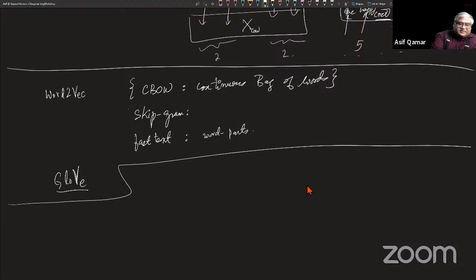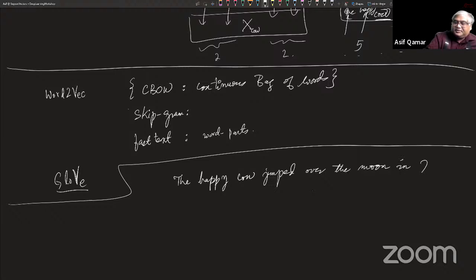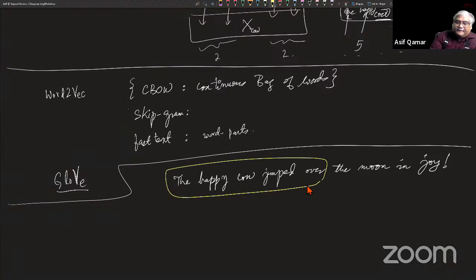You take a sentence like: the happy cow jumped over the moon in joy. Let's take a sliding window of size 5, and let's say that the word you care about is cow.